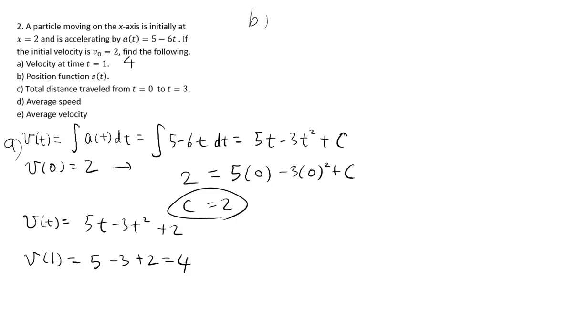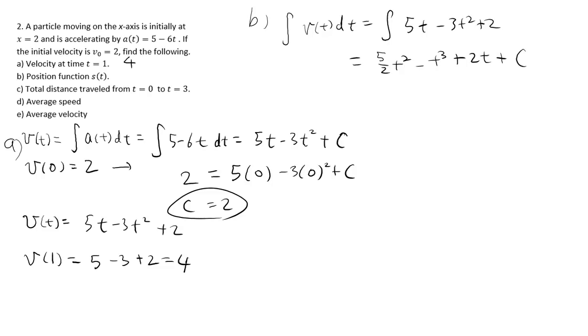For B, to find the position function, you would integrate the velocity. Integrating the velocity will give you the position function. 5t minus 3t squared plus 2. So that's 5/2 t squared minus t cubed plus 2t. Again, you get this c. And the initial position is at x equals 2.